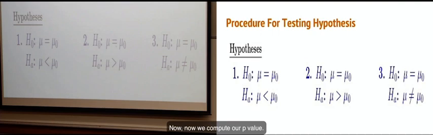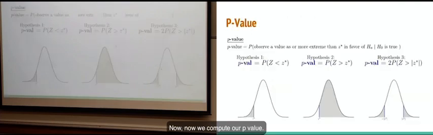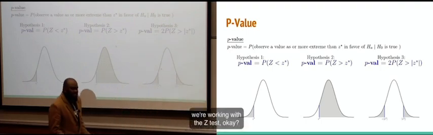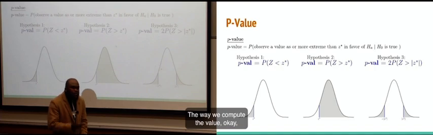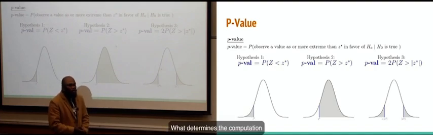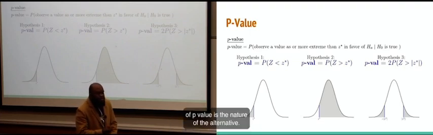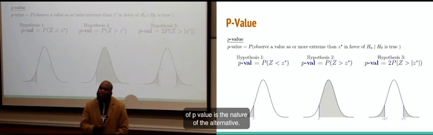And that's exactly what we're trying to say now. Now, we compute our p-value. Let's say, for example, we're working with the z-test. What determines the computation of the p-value is the nature of the alternative.